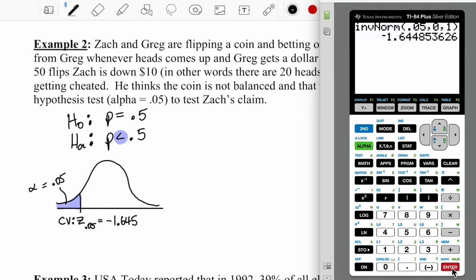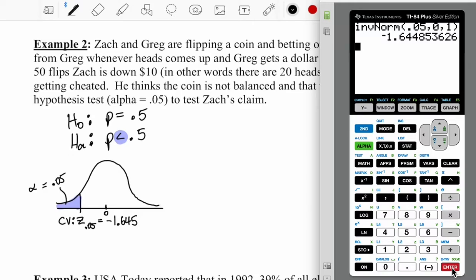All right, so that's the number that represents the boundary between the shaded rejection region and the non-shaded non-rejection region. We're going to compute a test statistic, and that test statistic is going to give us a number. Since it's a normal distribution, it's centered around 0.